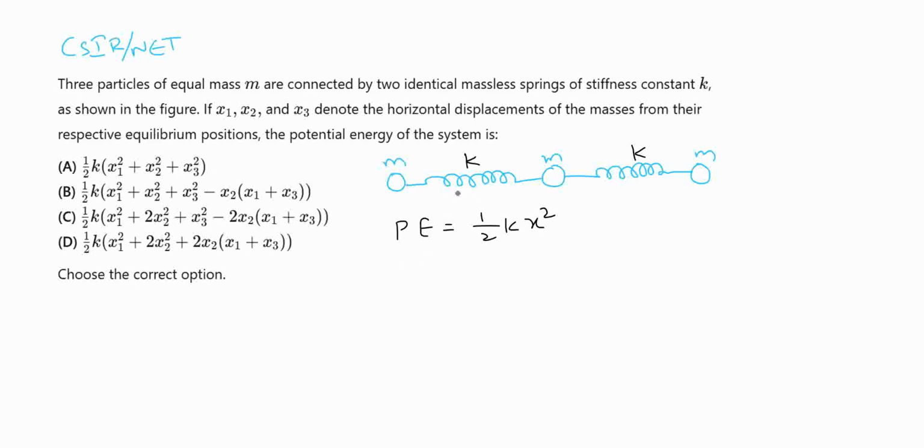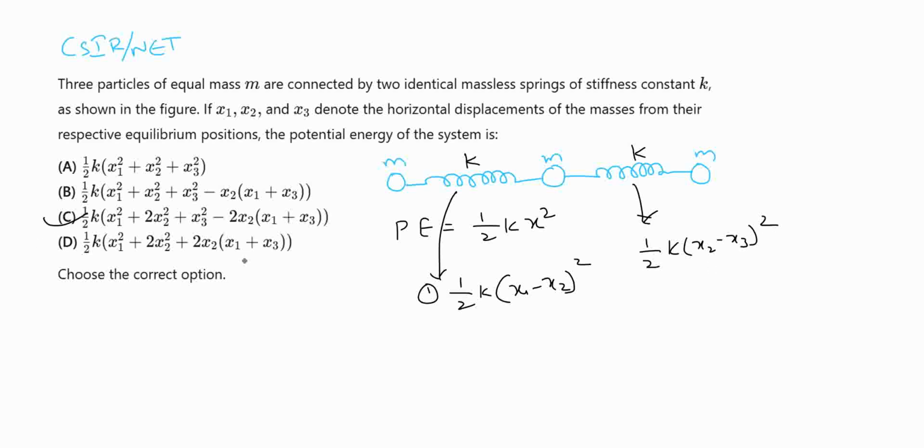So for this spring one, it is half k times x1 minus x2 whole square, and for this one displaced by x2 and this by x3, the total spring displacement will be x2 minus x3. Now when you add these two you will get the answer C. So basically, the potential energy of the system is the potential energy of this spring and the potential energy of this spring when these displacements occur.